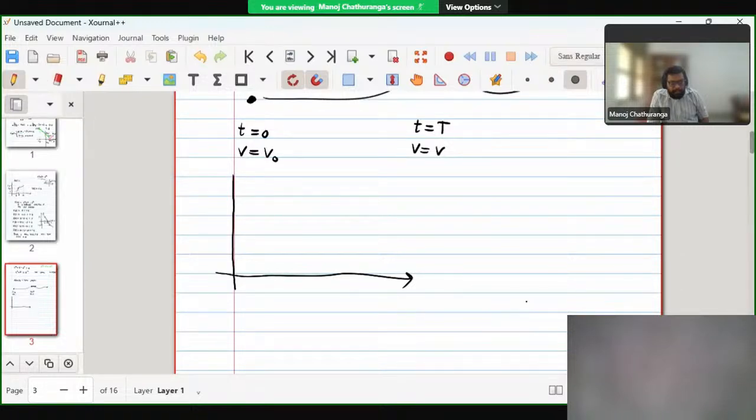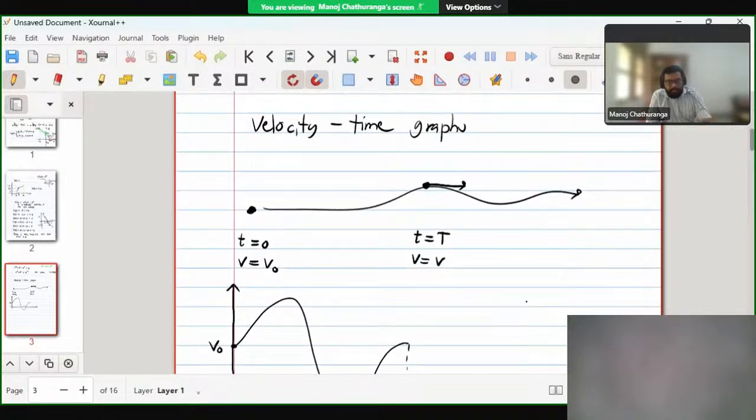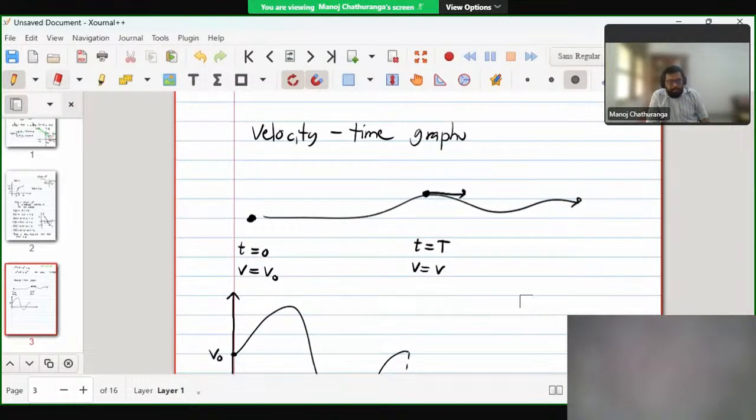Let's say initial velocity is v naught, then velocity is negative if the object changes its direction. So according to this graph, the object must have taken a path like this.